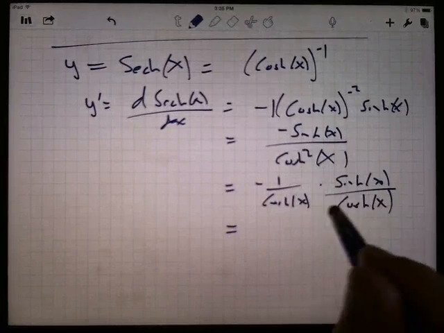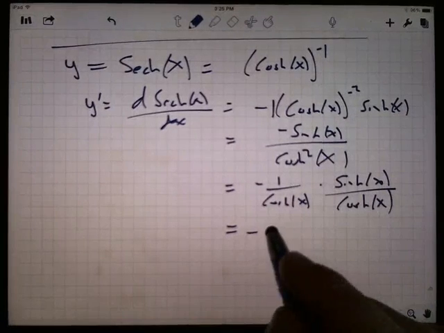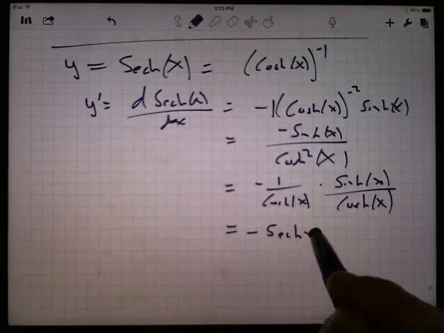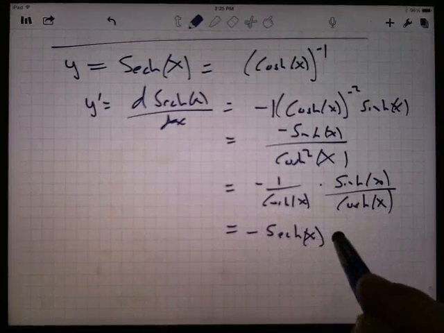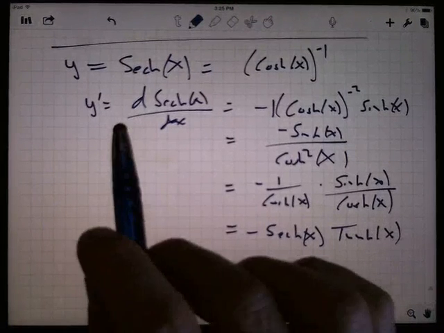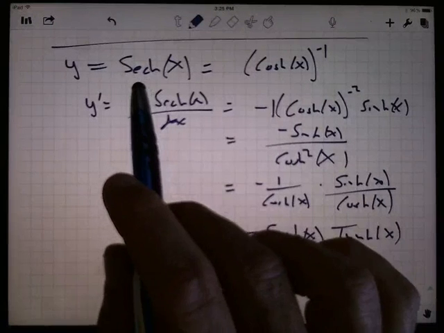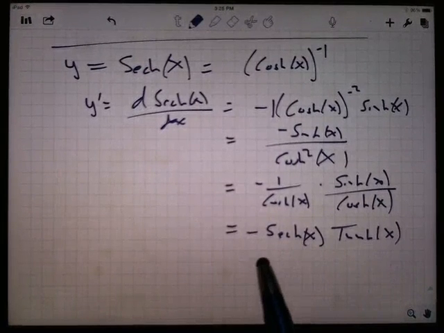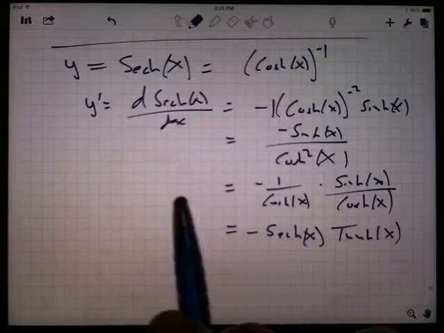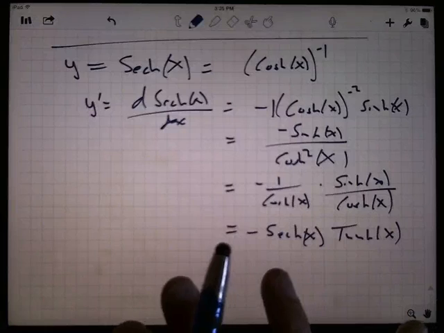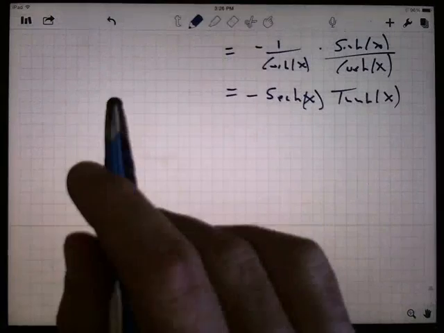I could have left it like that, but generally it's written as minus the hyperbolic secant times the hyperbolic tangent. A little bit different because for regular trig, the derivative of the secant is just secant x times tangent x, but now it's minus because of the hyperbolicness here. And one last one before we're done here.